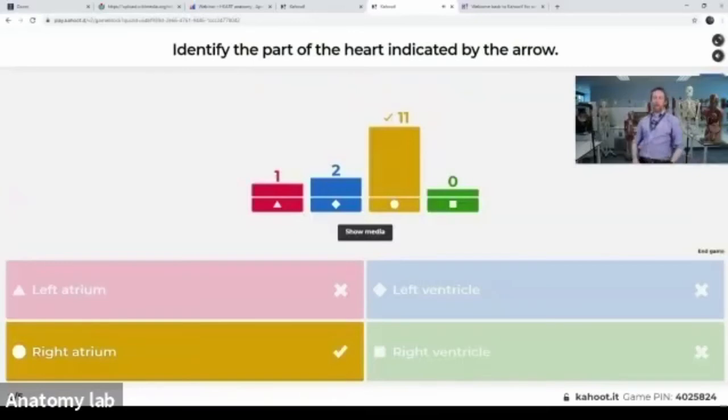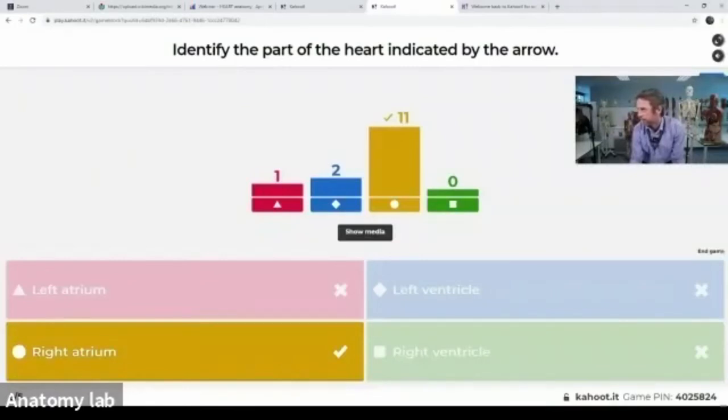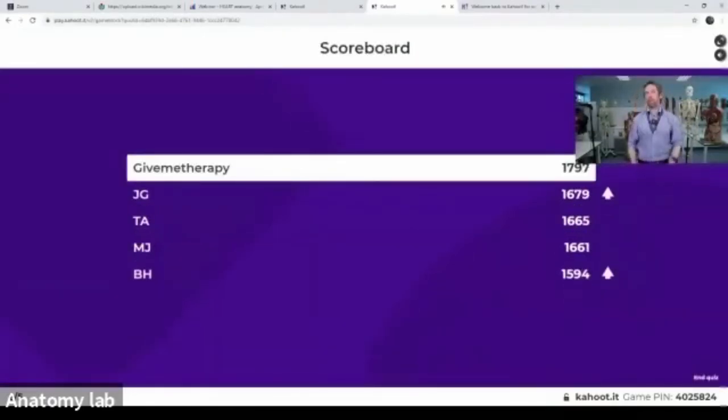Oh, nice. Well done. We don't just use these on Zoom, we use these when we have live face-to-face teaching as well. With Zoom, we worry that this is often a little bit blurry for people, but still, it's worth trying. Right atrium, very good. Whenever we use left and right, we're thinking about the patient's left, patient's right.